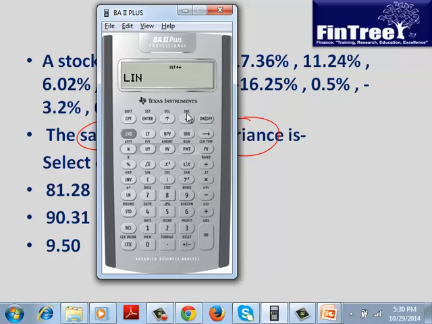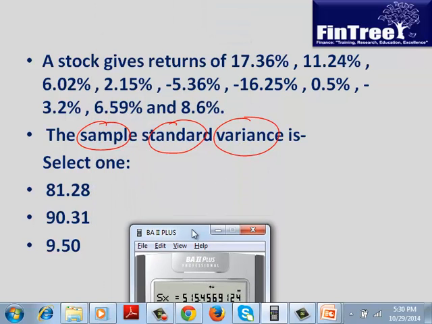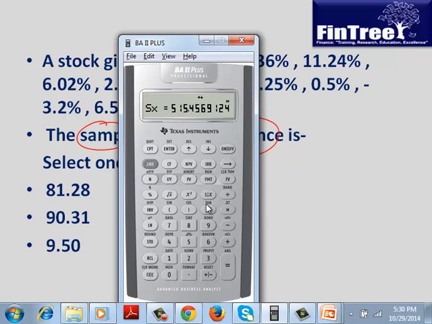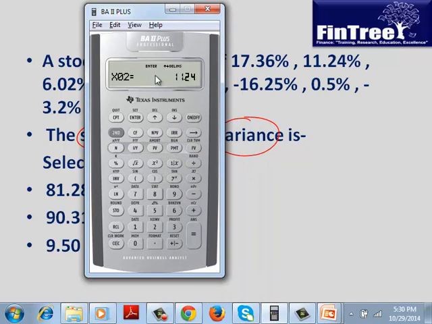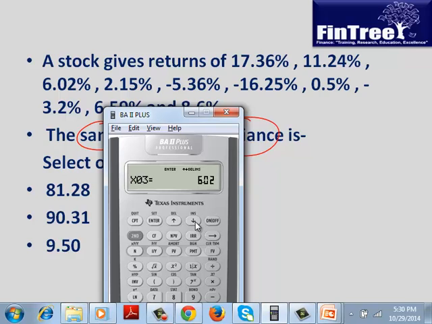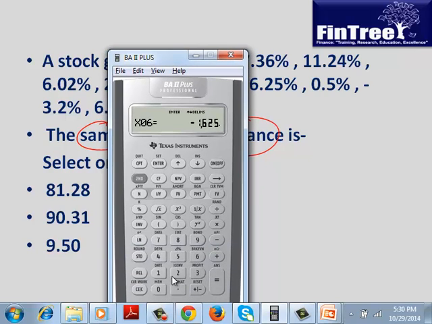Then second and 8, which will take us to the stat function. We want sample standard variance, so we take Sx, which is the standard deviation, take a square of this number. Sorry, something went wrong in the data. 16.25, 11.25, 6.02, 2.15, 5.36, 16.25.